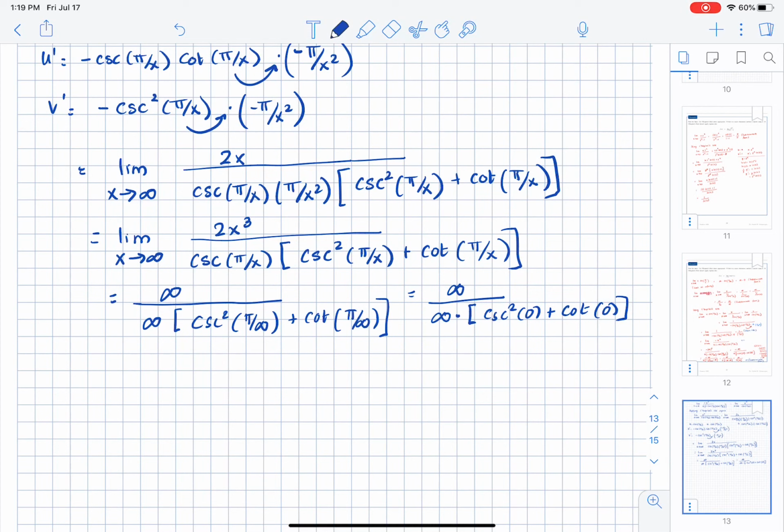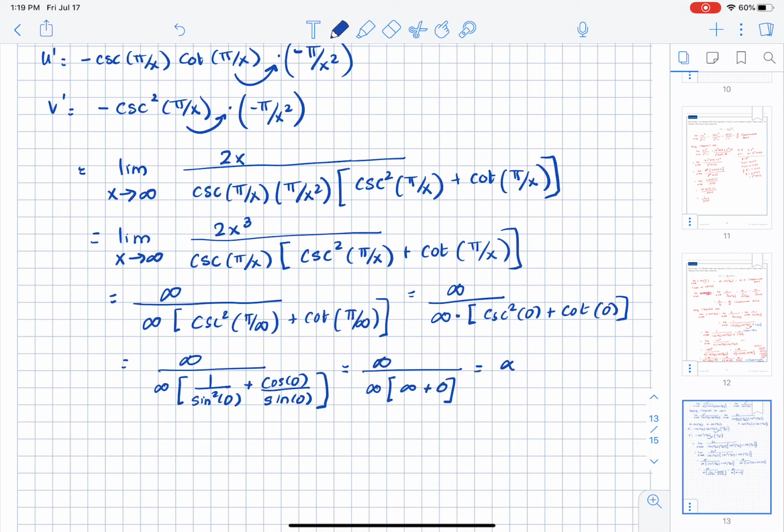Cosecant 0 is 1 over sine squared 0. One over 0 is infinity, and 0 over 1 is 0.